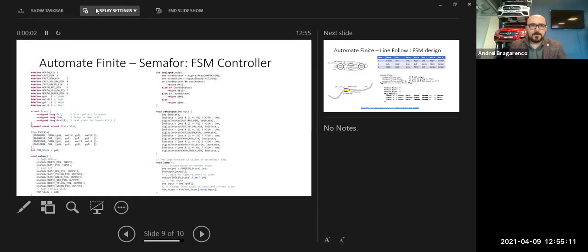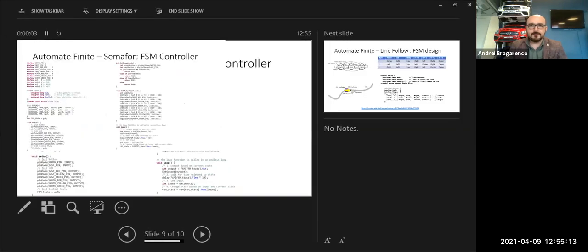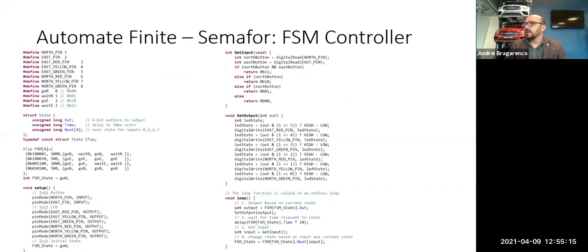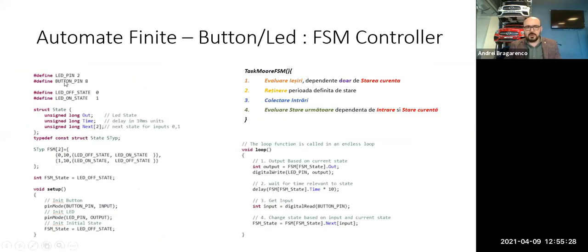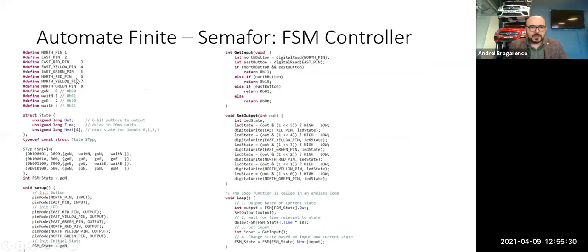Now, let's see what we have here. We'll have the same, just a little bigger, with the pin mapping. We'll define all the pins. We'll say that the north pin is on the first pin of the Arduino.